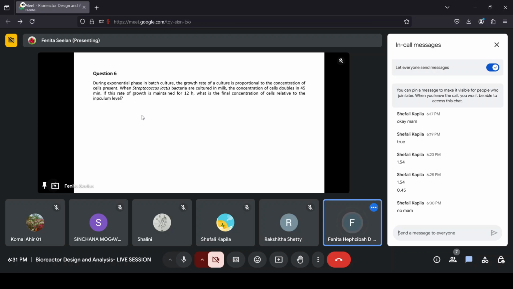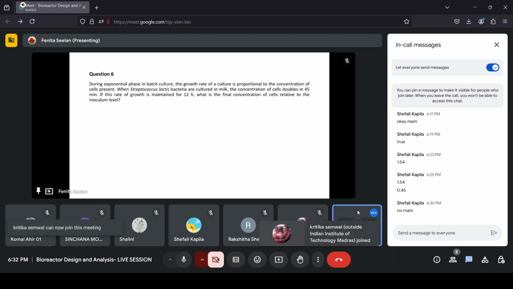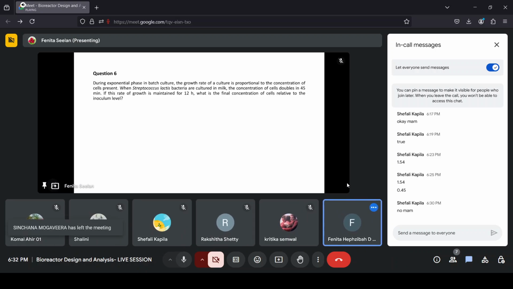Okay, let's start with some numerical questions. Question number 6: during exponential phase in batch culture, the growth rate of a culture is proportional to the concentration of cells present.